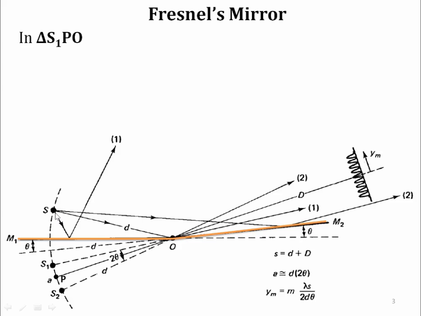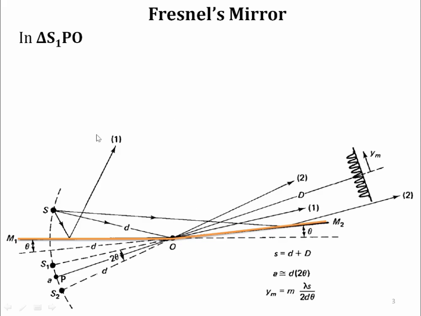Why so? Let us take a simple logic for this. The light traveling from here should travel a distance D in the same time as it would take to reach from here to here, and here to here, right? If the distances are the same, of course the time is going to be the same. So if this ray is coming from this source, that would mean the distance of this point from this source should be the same as the distance of this point from this source, and the same logic applies to this one.